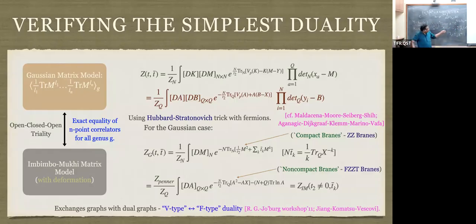So this, you see, just at the level of matrix integrals, is an equality of the Gaussian matrix model. So anything you can say about the generating function of this is the same as that of this. And this is the theory that captures the c equal to 1 matrix model.